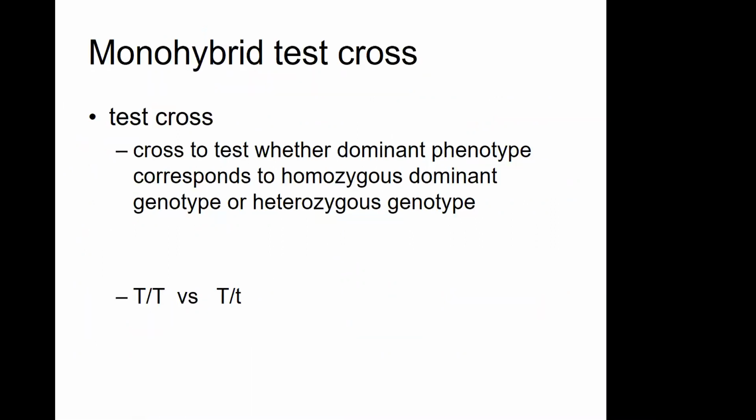But since he couldn't just see this happening, what he could do was make a prediction. And he could test that prediction. That test is called a test cross. Since this is a monohybrid, it's a monohybrid test cross. What he said was, look, I got 3 tall plants for every 1 short plant, so I know that I must have 3 genotypes.